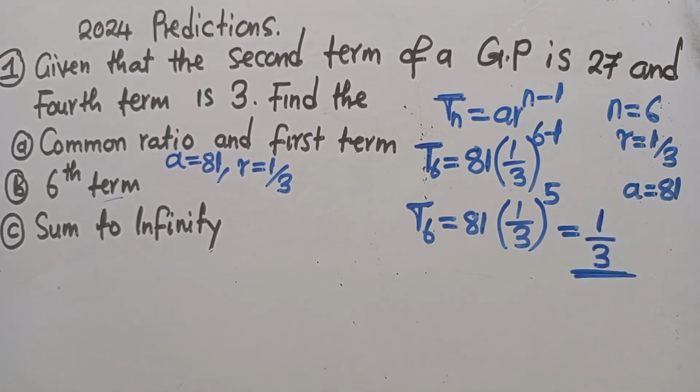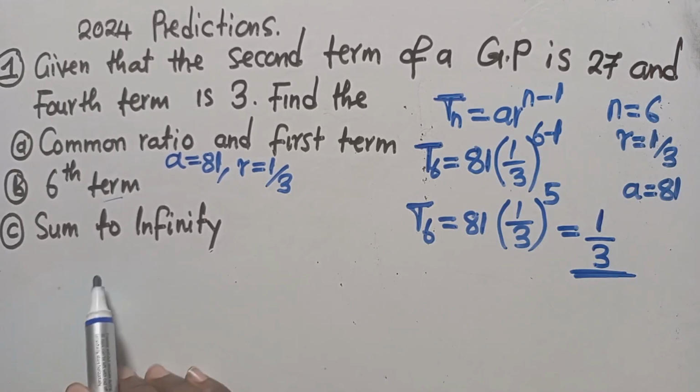That is our sixth term. This is what you need to do and understand. The answer is 1 over 3.